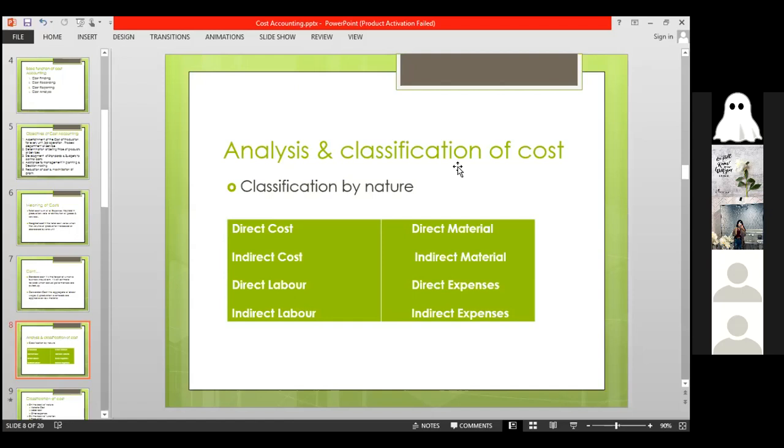Okay, then direct expenses and indirect expenses are any other expense, like utility, electricity. Let's say it's a production plant for soap, where soap is manufactured.